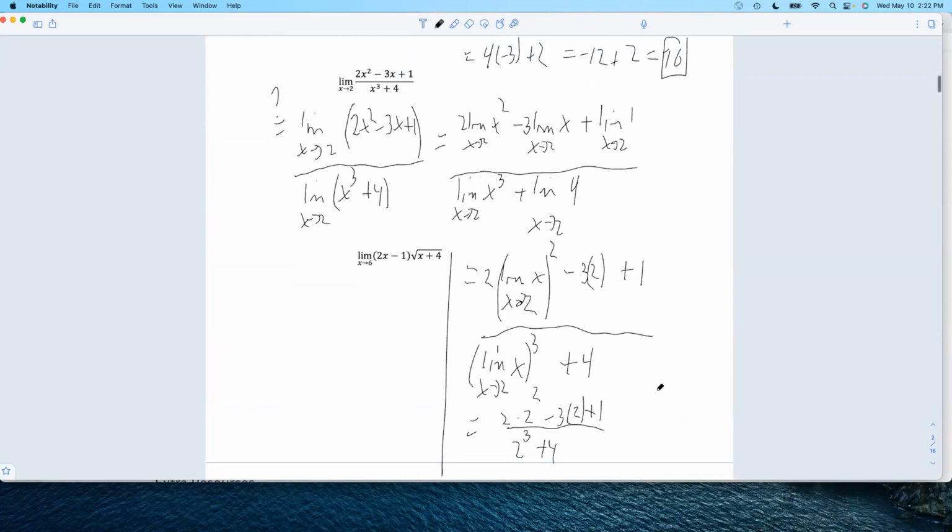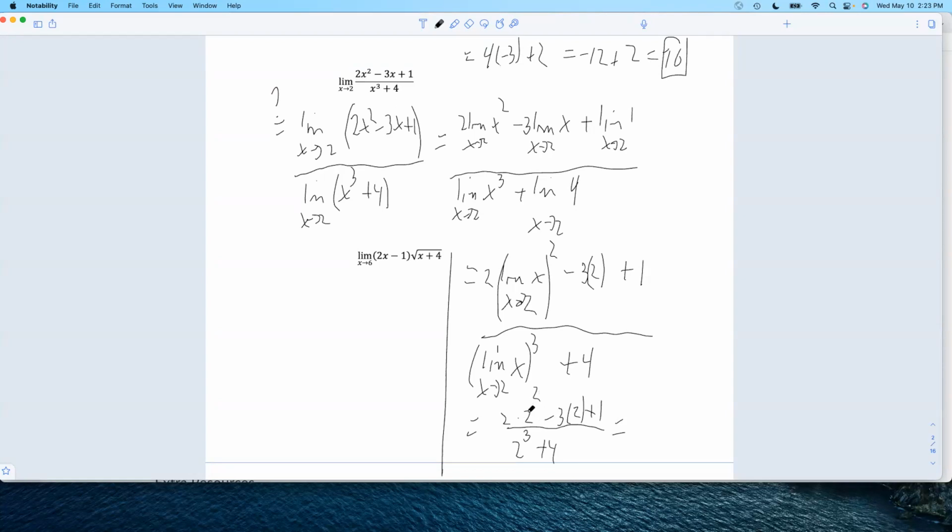Now, I want you to notice, at the end of the day, what did we end up getting? All I ended up doing after all of this work is just plugging 2 in for all the x's. And we'll see in a minute that that's really what you're doing if the limit exists. Okay, and then here, let's calculate this.